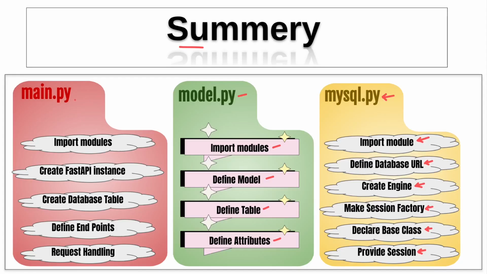Now let's come to the main.py file. First of all, we will import the necessary modules, then create the FastAPI instance, which means the app. Then we will create the database tables with the help of metadata. Then we will define the endpoints with the help of get, post, put, and delete requests.